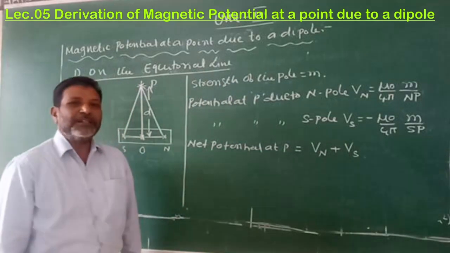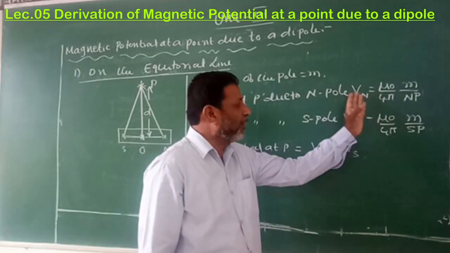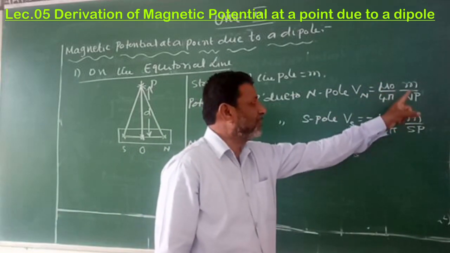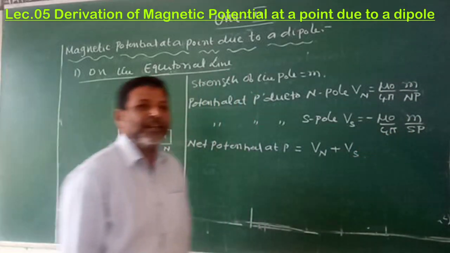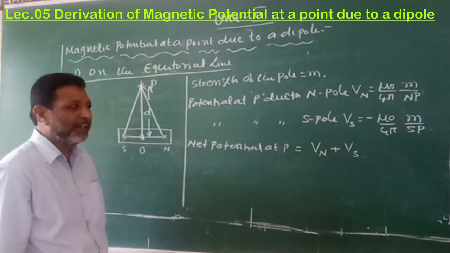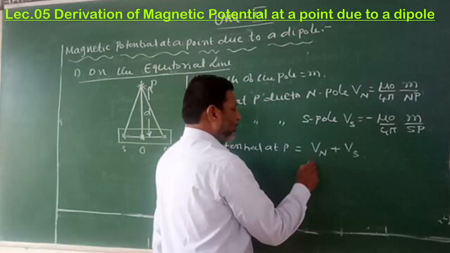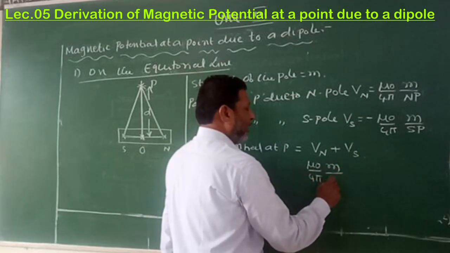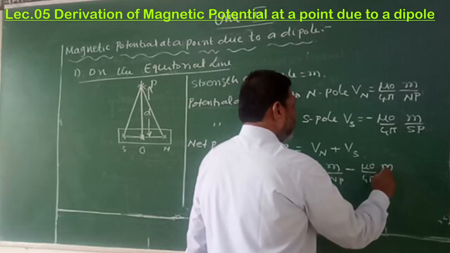Now you can see that when you look at the formulas in this case, this is the same, and this also is the same, NP and NS. In this particular case, NP is equal to NS, so the net value is mu naught divided by 4 pi, m divided by NP, minus mu naught divided by 4 pi, m divided by SP.